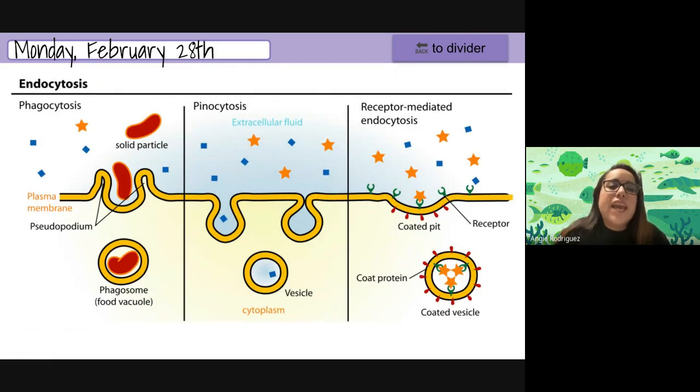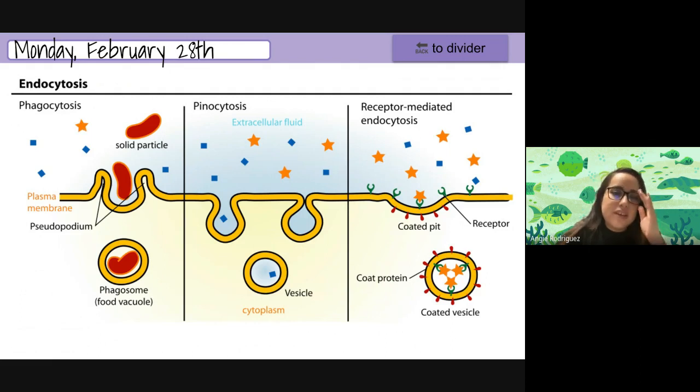So for endocytosis, remember I said that's the type of active transport that's going to use energy to bring in molecules. Now there's three types, okay? The first one is called phagocytosis. This one is also called cell eating. So the cell's going to be eating, let's say, solid particles or molecules.